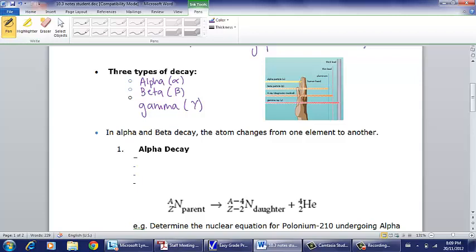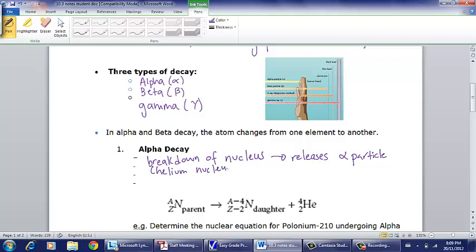Alpha decay is the breakdown of the nucleus, and it releases an alpha particle, which is really a helium nucleus. It consists of 2 protons and 2 neutrons.